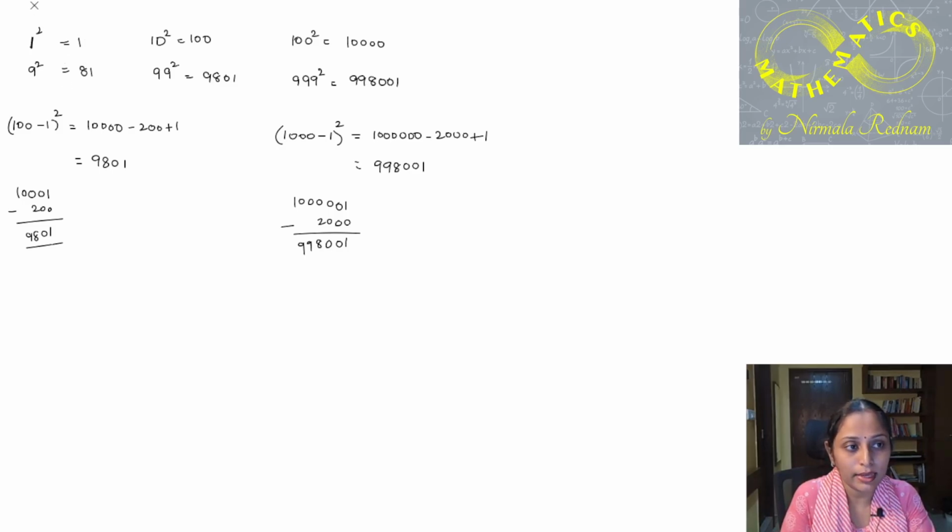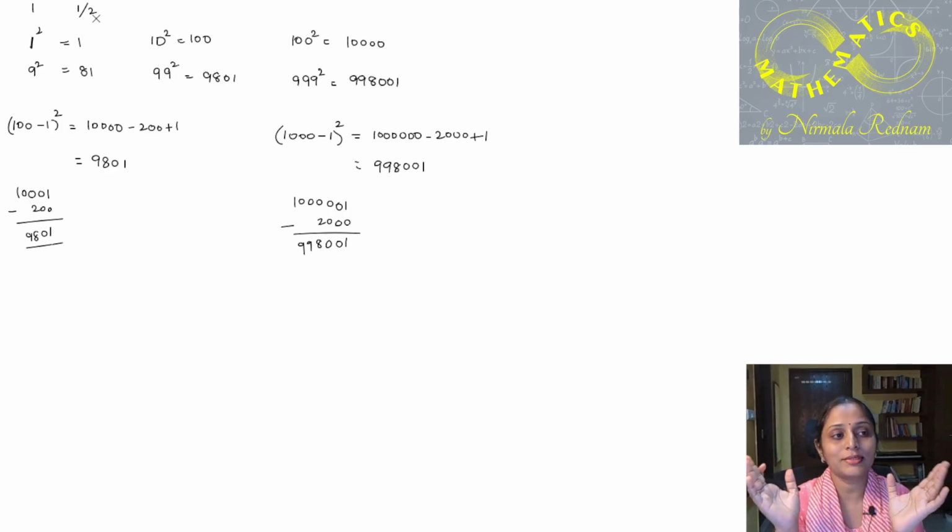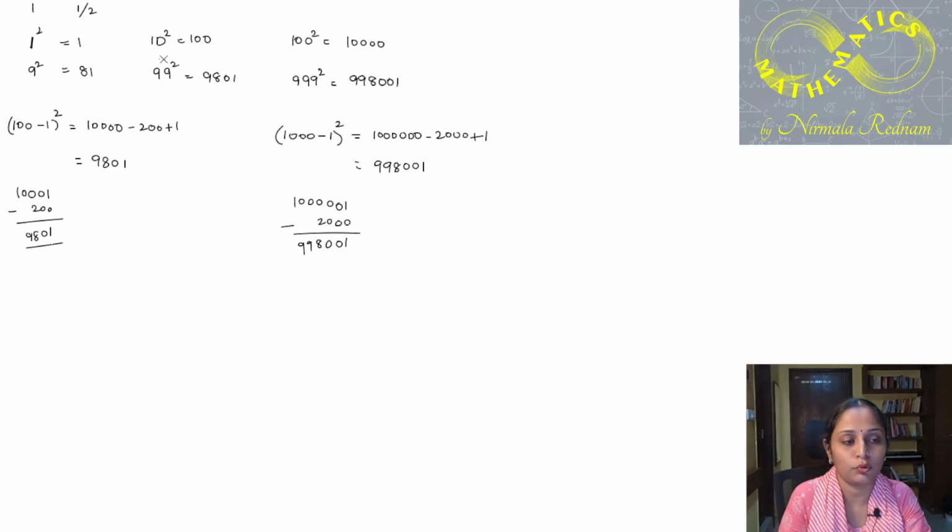You can see here that for one digit numbers, the square is going to have either 1 or 2 digits. How do I know that? Because I have taken the least and the greatest one digit numbers, so everything in between is going to have either 1 or 2 digits in the perfect square. Now if I take a 2 digit number, the square is going to have 3 or 4 digits.